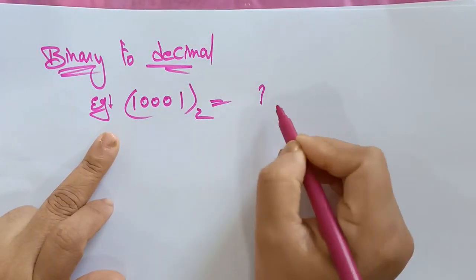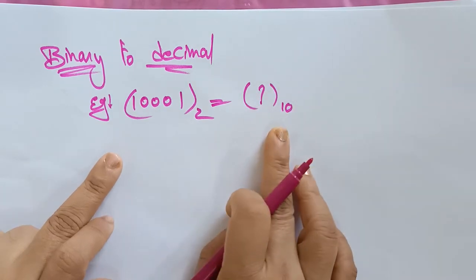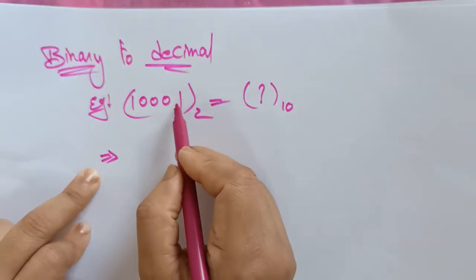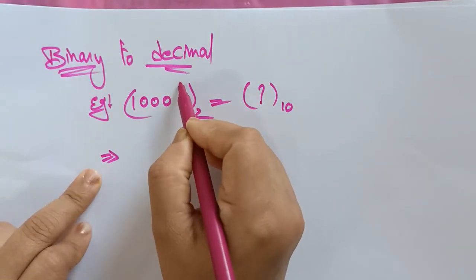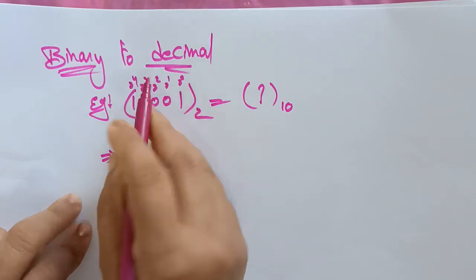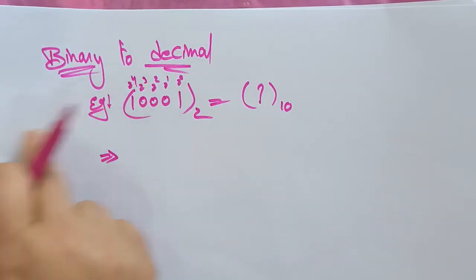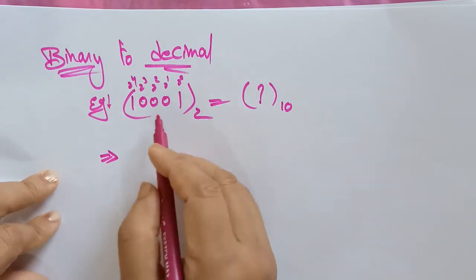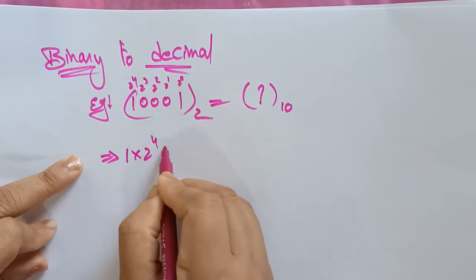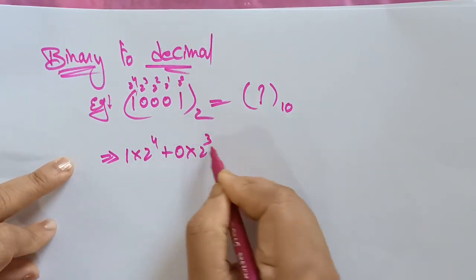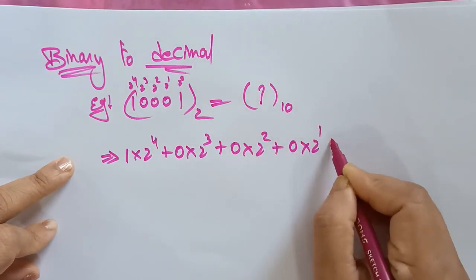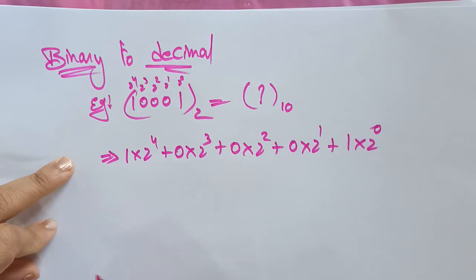I want to convert this binary number into the decimal number. How? For this, the powers are 2 power 0, 2 power 1, 2 power 2, 2 power 3, 2 power 4. If more digits are there, 2 power 5, 2 power 6, like that, you can write any number of them. Multiply each digit with its power: 1 into 2 power 4 plus 0 into 2 cube plus 0 into 2 square plus 0 into 2 power 1 plus 1 into 2 power 0.